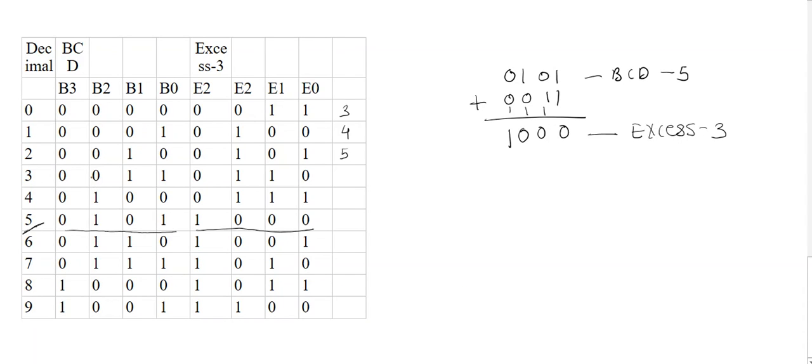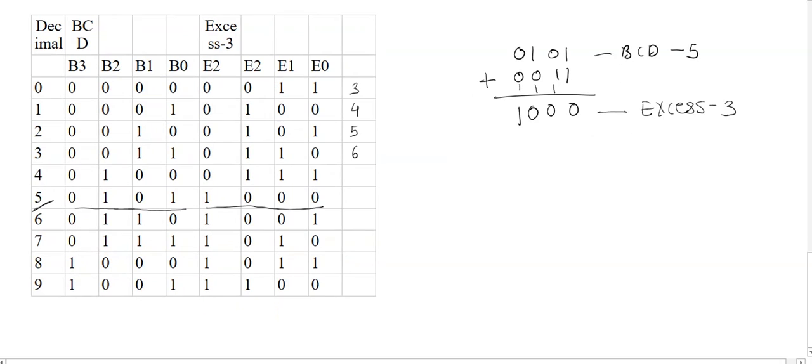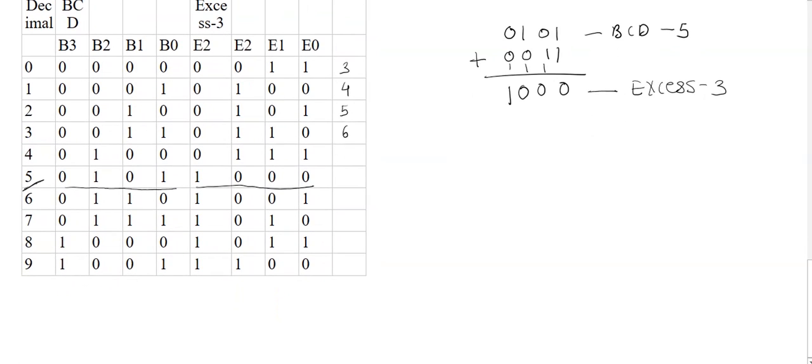When 3 is added to 3, I get 6, and so on. Now by applying the conversion technique, this is the truth table of BCD to XS3 code conversion.